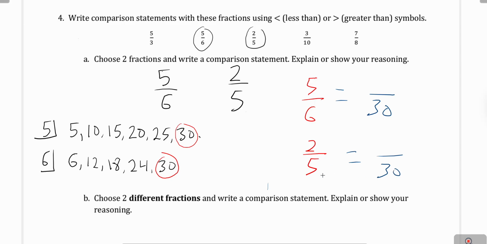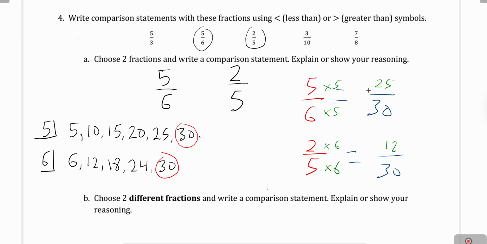But how did I get there? 5 times what gives me 30? Well, I know that 5 times 6 gives me 30. And I also know that whatever I do to the bottom, I have to do to the top. So 2 times 6, that's 12. So here, 6 times what gave me 30? Well, that was a times 5. We'll also do it over here, times 5. 5 times 5 is 25.